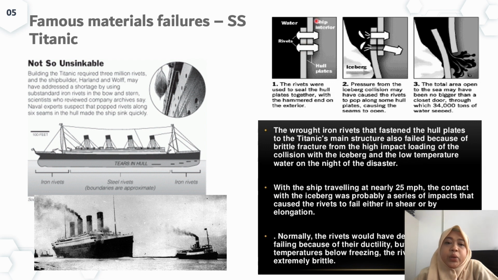The rivets were used to seal the hull plates together with a hammer at the exterior end, and the pressure from the iceberg collision may have caused the rivets to pop along some holes, causing the seams to open. The total open seam may be no bigger than a closed door, but 34,000 tons of water could seep inside the ship.